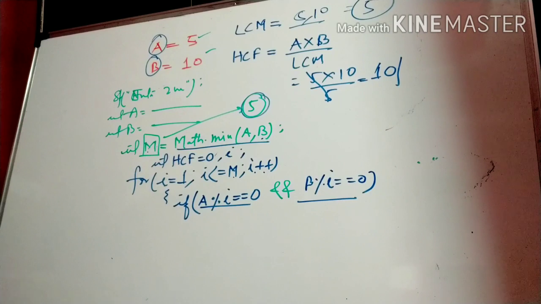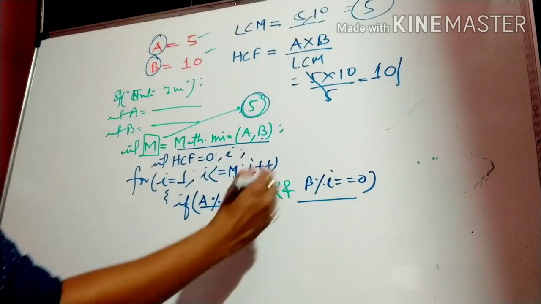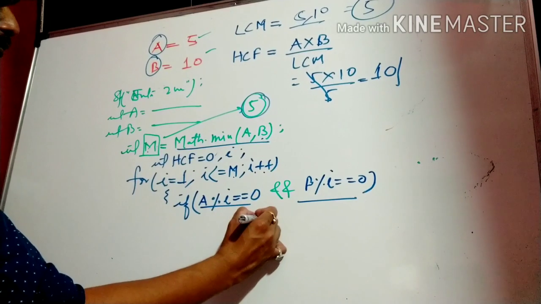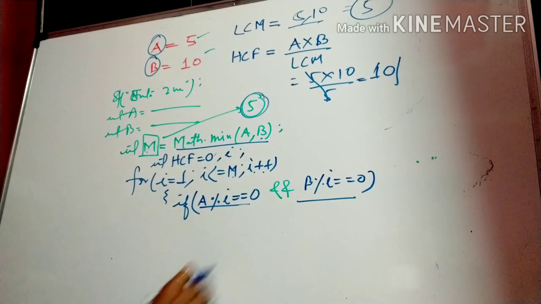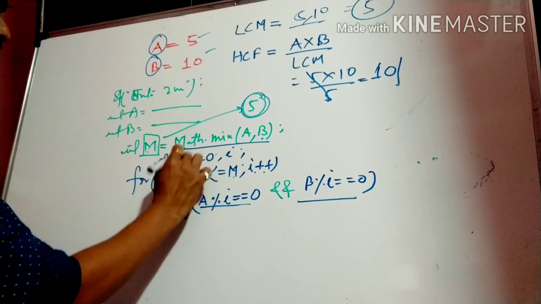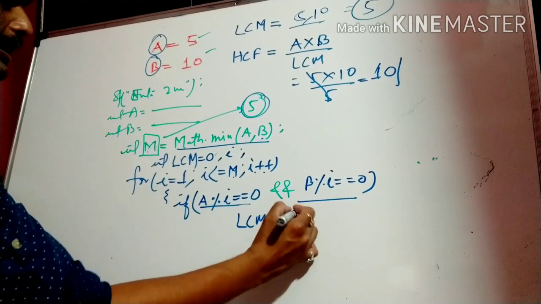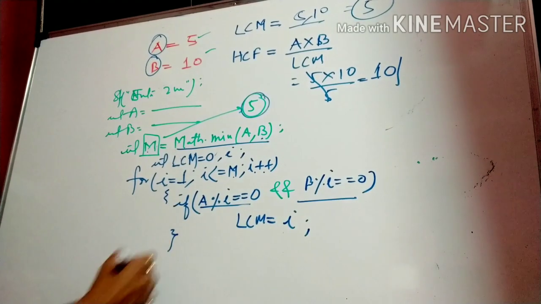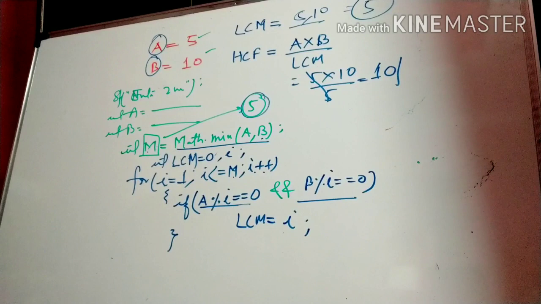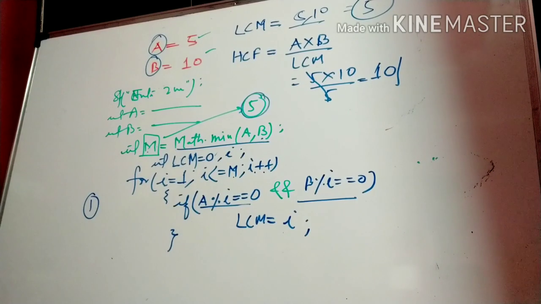When you do this, 5 is divisible by 1 as well as 10 is divisible by 1. So your LCM will be I. So the value of LCM will be 1.